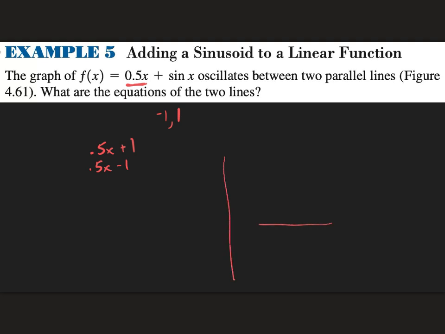So we're going to do like this and do like this. And you can graph this in the calculator.